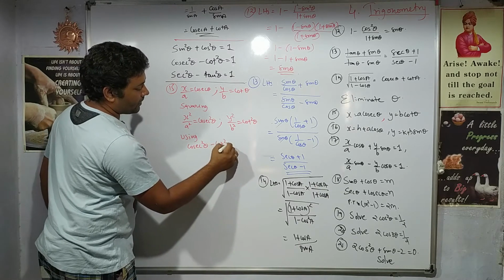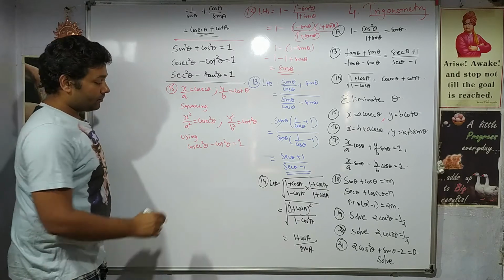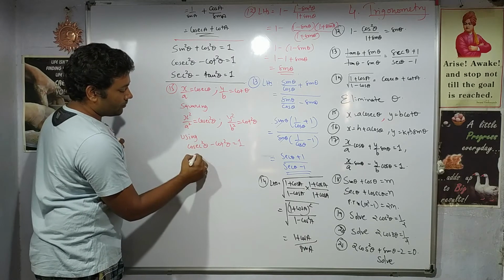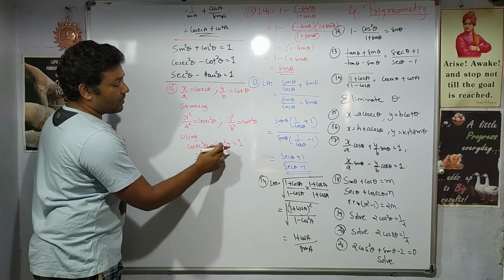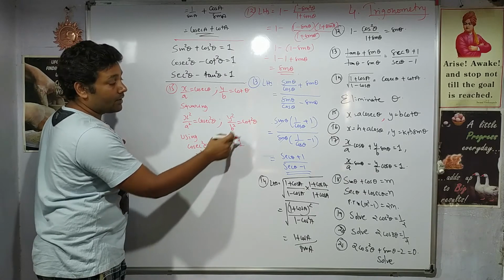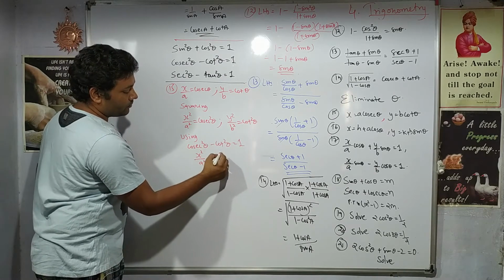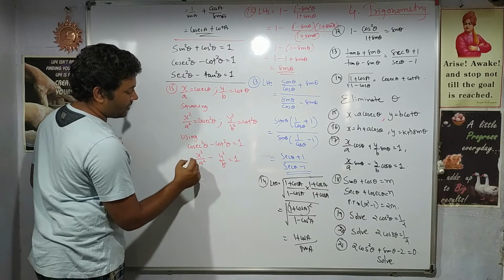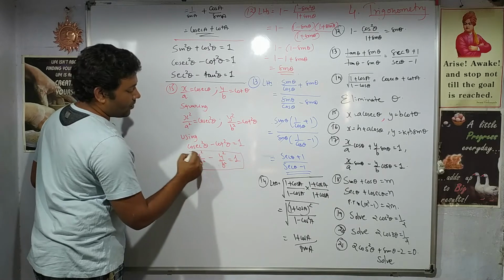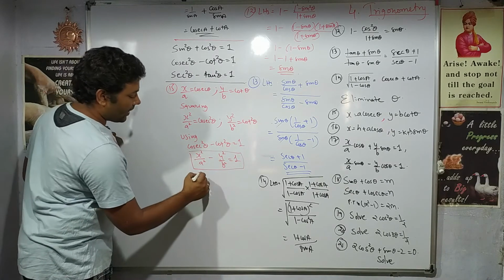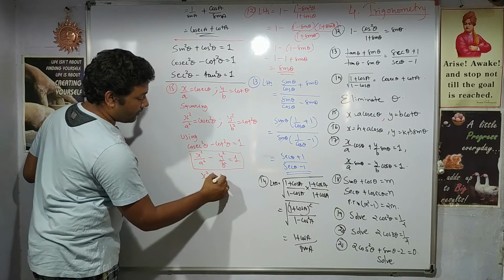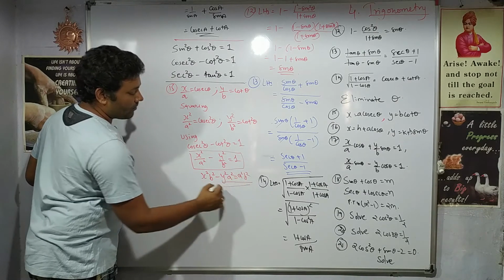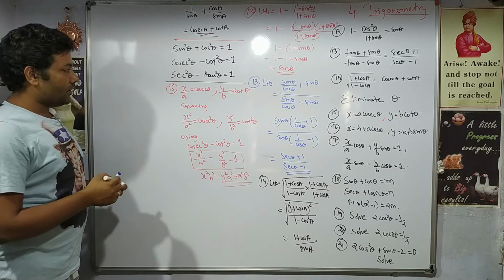Cosec square theta minus cot square theta is 1. So now in place of cosec square theta you substitute its value. Similarly, in place of cot square theta you substitute its value. So this is what our answer is. You can leave it as it is, or you can find the LCM and simplify. If you find the LCM and simplify, your answer will be this. Both ways are correct, right?